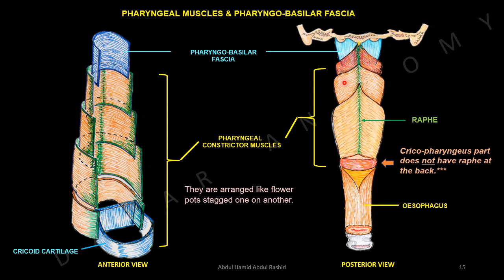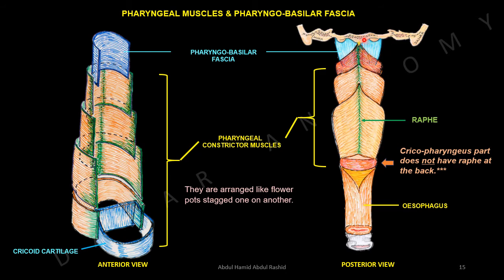But in this diagram we are looking at the same thing from behind. Here is the base of the skull. This is the pharyngeal tubercle. Here are the muscles. This is the superior constrictor. This is the middle constrictor. This is the upper part of the inferior constrictor, that is your thyropharyngeal muscle.